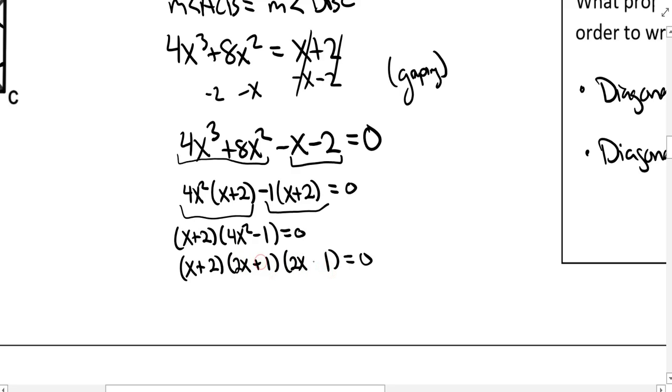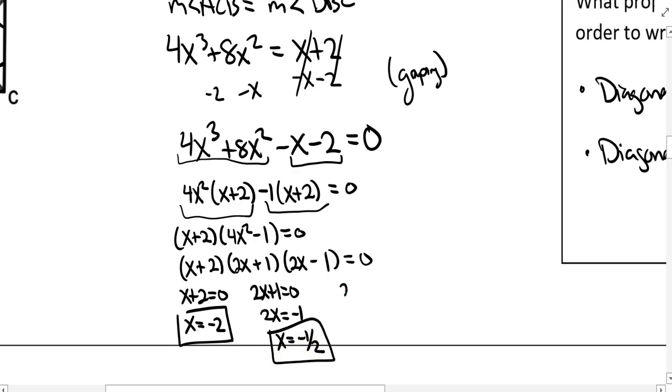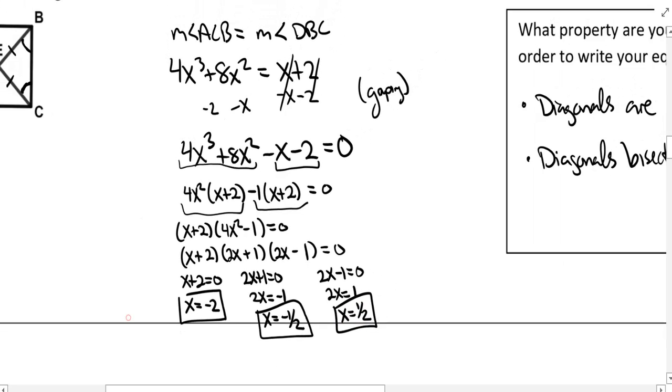One factor will have a plus sign, one will have a minus sign. You've got your three factors now. Set them equal to 0 and solve, and you've got your three answers there.